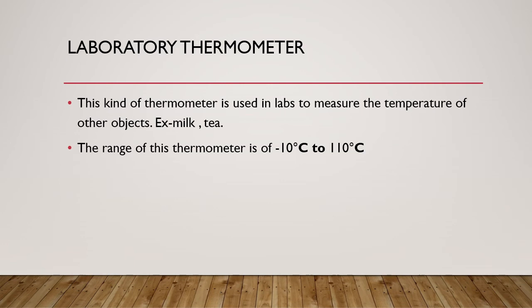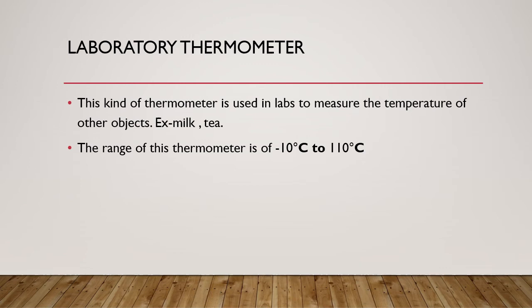Sometimes everybody is confused about why we cannot use laboratory thermometers for measuring the temperature of human beings too, and why doctors don't use them. It's a very simple question. We cannot use it because laboratory thermometers have a bulb.